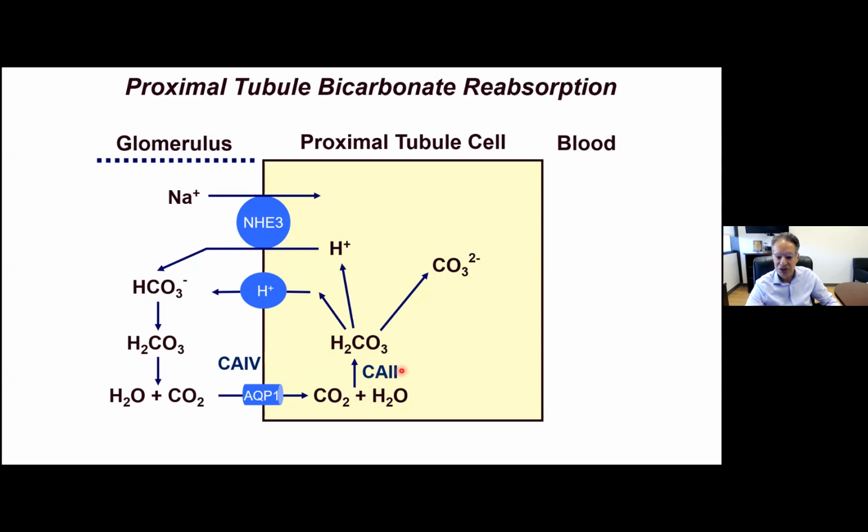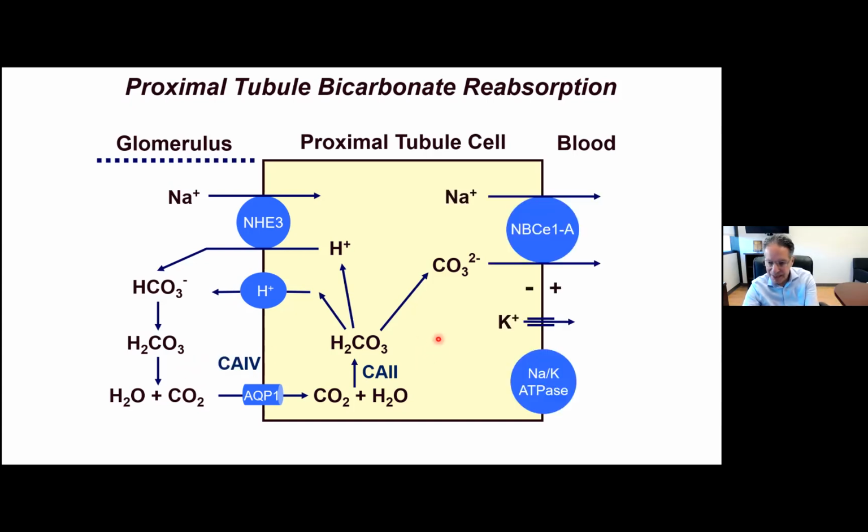So carbonic anhydrase 2 is a cytoplasmic carbonic anhydrase, which speeds up this reaction. And carbonic anhydrase 4 is actually attached to the apical membrane. It's called a GPI anchored protein. And the catalytic center is sitting in the solution of the urine or the glomerular filtrate, and it catalyzes this reaction.